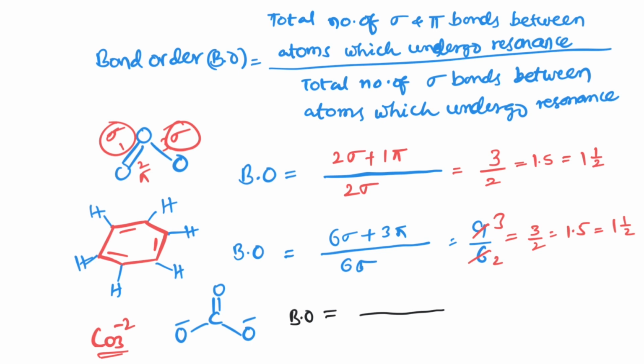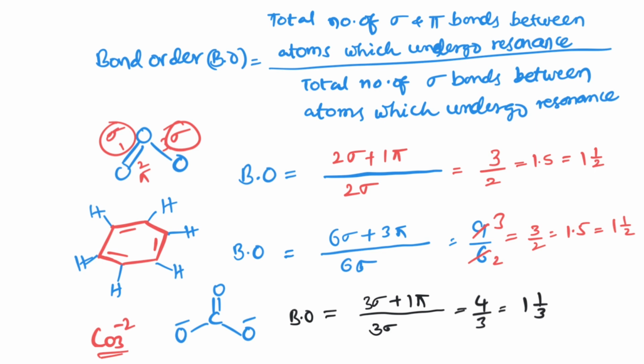So I can write 3 sigma bonds plus 1 pi bond. And how many sigma bonds are there? 3 sigma bonds. So total 4 by 3. So this can be written as 1 and 1 by 3.